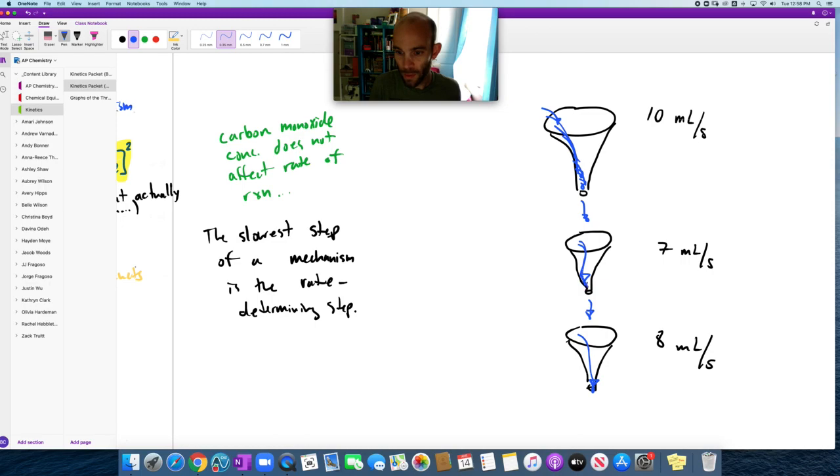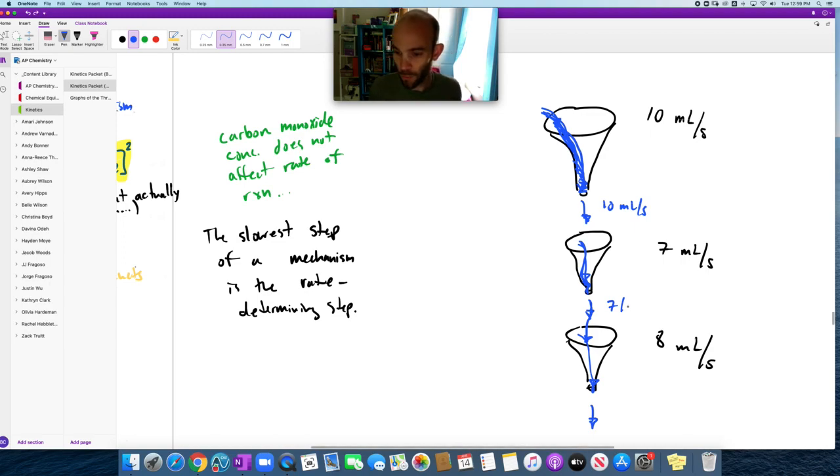What is going to be the rate of flow out the bottom of these three funnels? Let's imagine we're putting water in here at 10 milliliters a second. It's the perfect amount for this first funnel. So here it's still 10 milliliters per second. As it goes into the second funnel, the best that that funnel can do is 7 milliliters per second. So here we're down to 7 milliliters per second.